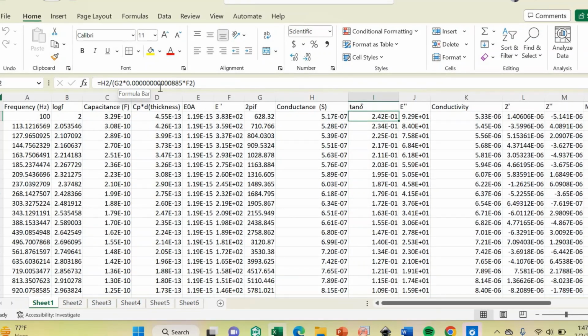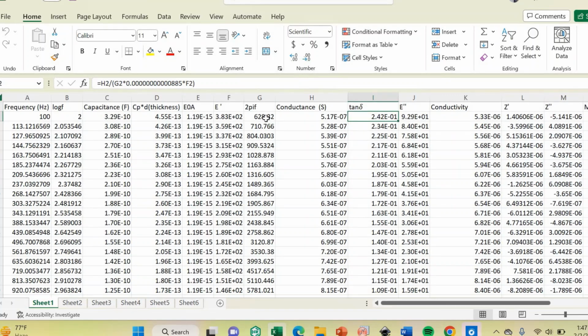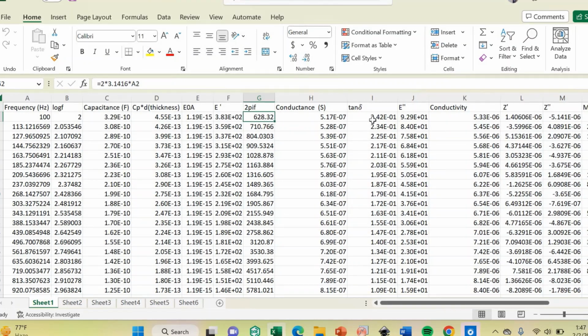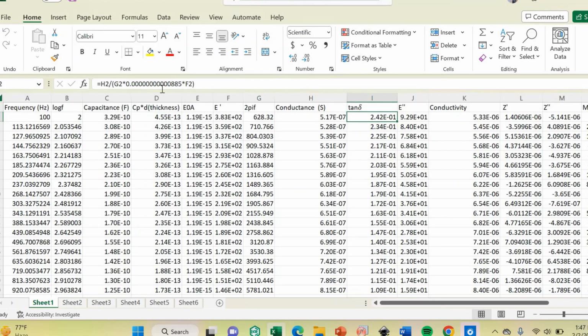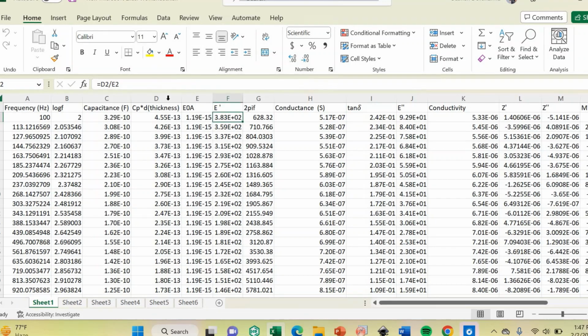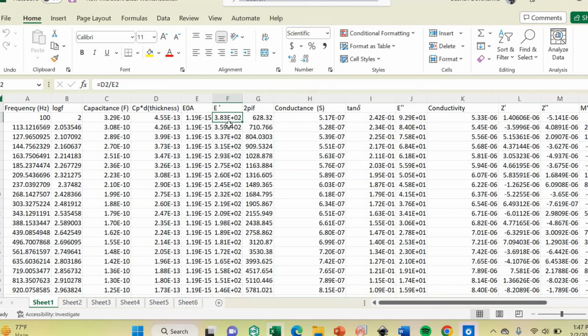Here G2 indicates the 2 pi f value, which we already measured, and F2 is the real part of permittivity, indicated by epsilon prime.